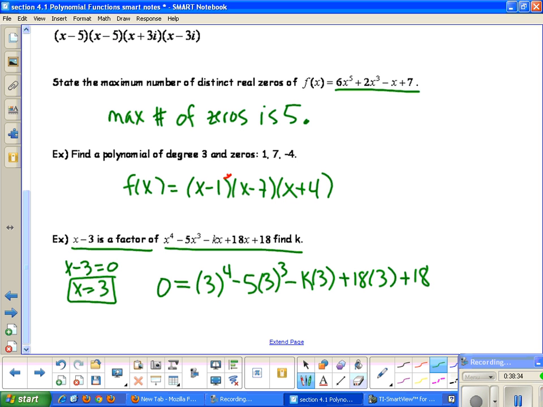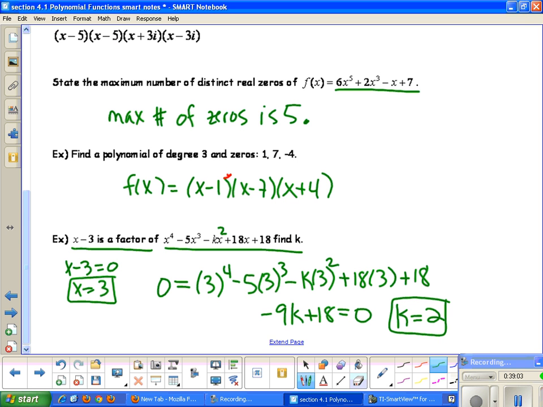When I combine like terms, and you know what, I think I forgot the square there, so that should have been a squared. So let's go ahead and put this as a squared here. Sorry about that. When I do that, I end up with negative 9k plus 18 equals 0. And then when I solve this equation, I get k is equal to 2. And that would be my answer.